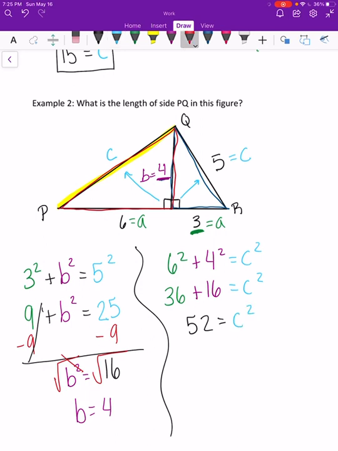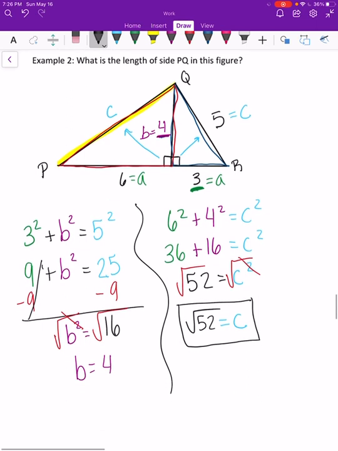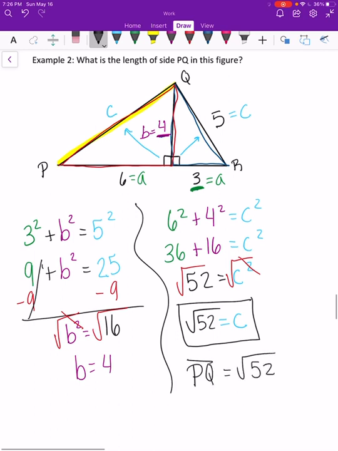And then again, to undo that square, we're going to take the square root of both sides. So c equals the square root of 52. You can put that in your calculator to find the decimal form, but it should be fine leaving it this way. So our answer would be PQ equals the square root of 52.